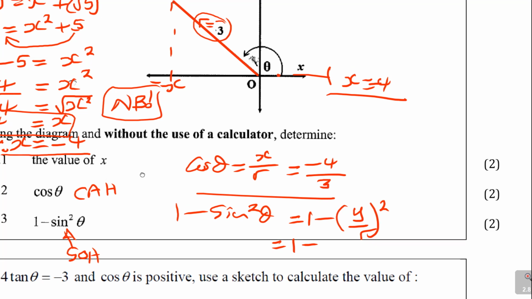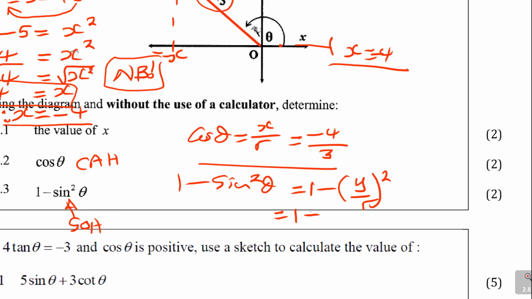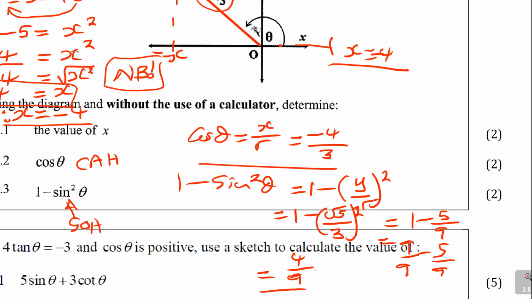The Y value was square root of 5, which is bracket square root of 5 over R is 3 squared. I know they said we mustn't use a calculator, which is 1 minus, you can still do this without a calculator. Square root of 5 squared is 5 over 9. See? So this is more like 9 over 9 minus 5 over 9. And the answer becomes equal to what? 4 over 9.